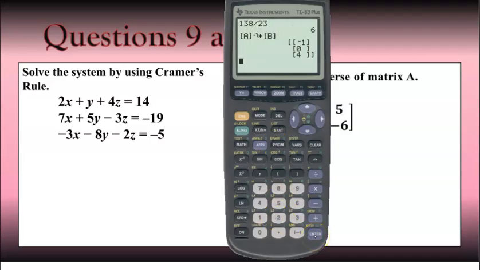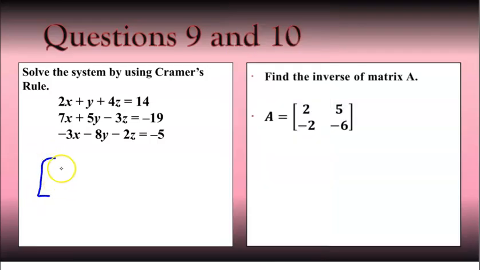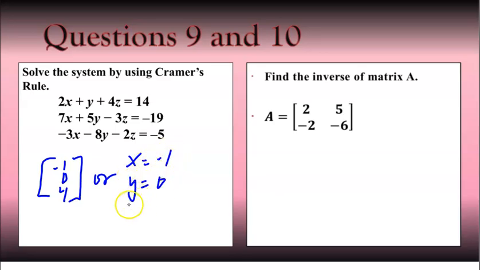And then if we hit enter, it tells us our x, y, and z. So our x is negative 1, our y is 0, and our z is 4. So you can either put it as a matrix of negative 1, 0, 4, or you can say x equals negative 1, y equals 0, and z equals 4.